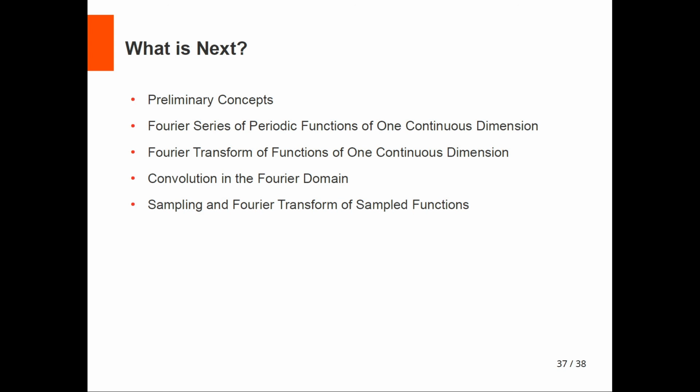Then I will go over the convolution in the frequency domain, and the relationship between the convolution in the frequency domain and the spatial domain. And also I will talk about sampling and Fourier transform of sampled functions.